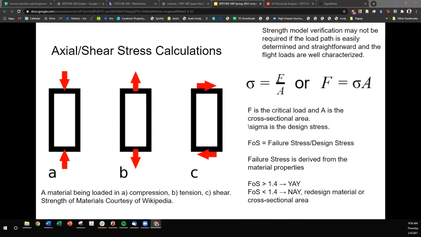And then your failure stress, which is the other unknown in this equation, is derived from material properties. If you know design stress and failure stress, you can calculate factor of safety. And then you just do a binary check. If factor of safety is above 1.4, then yay. If factor of safety is below 1.4, then nay. You redesign either the material or the cross-sectional area of the component.